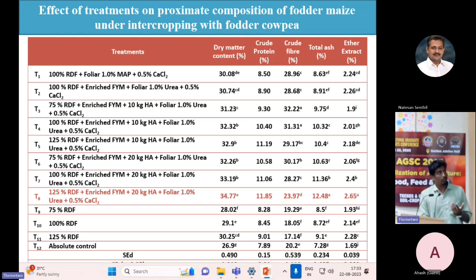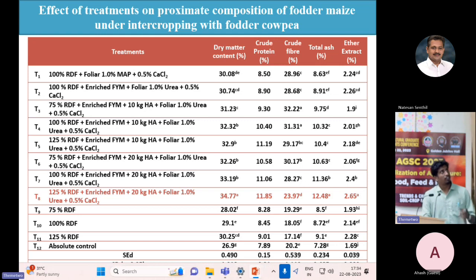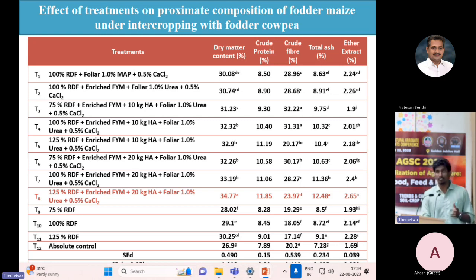Crude fiber is higher in the T4 treatment, and total ash content is 12.48. Crude fiber will decrease with increase in fertilizer nitrogen application.